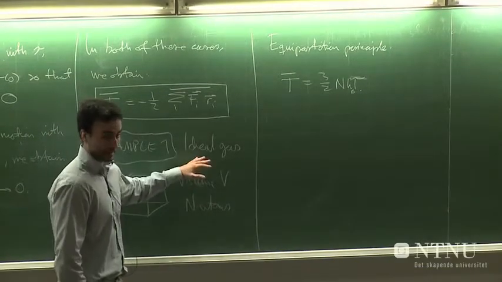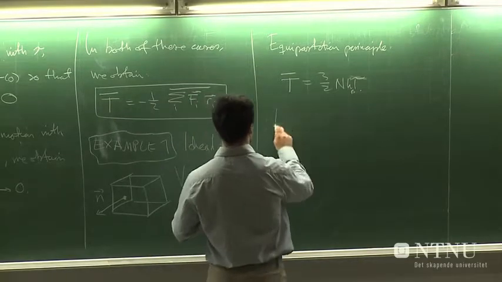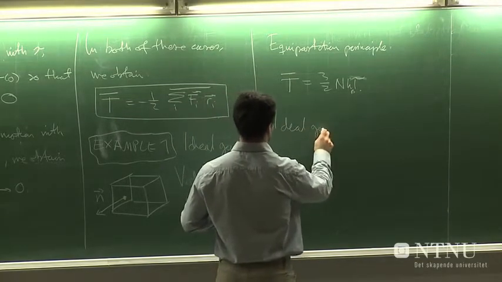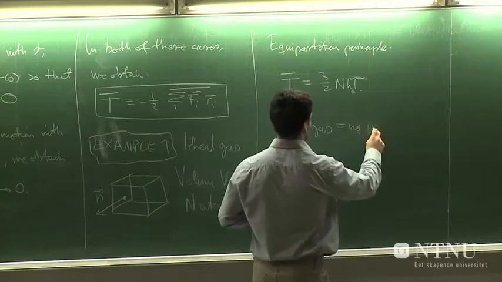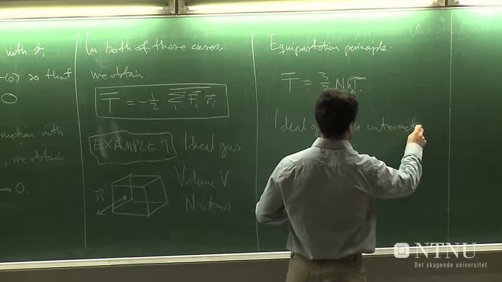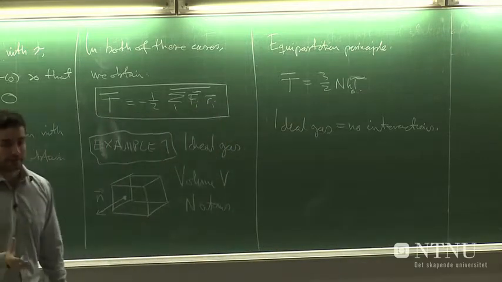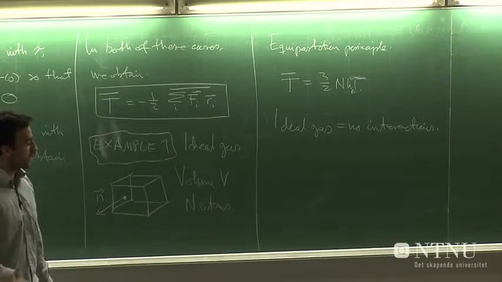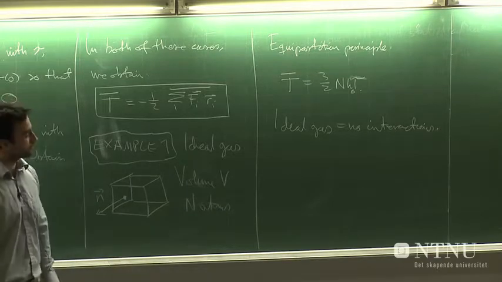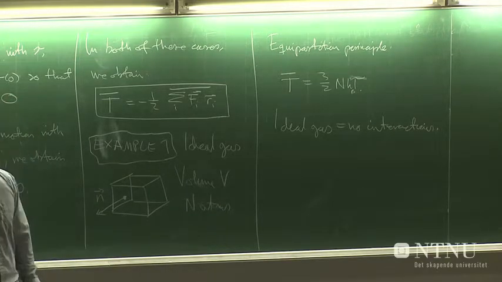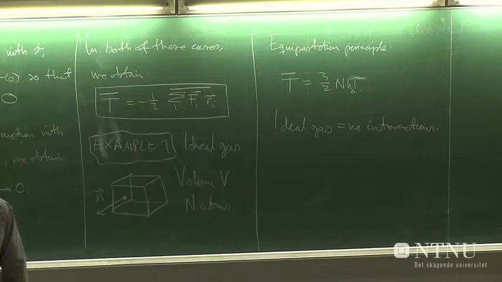If we have an ideal gas, we're basically saying that there are no interactions between the components of the gas, the atoms. So if there are no interactions, there should be no forces between the particles. So do we have any other forces in the system if we neglect gravity?